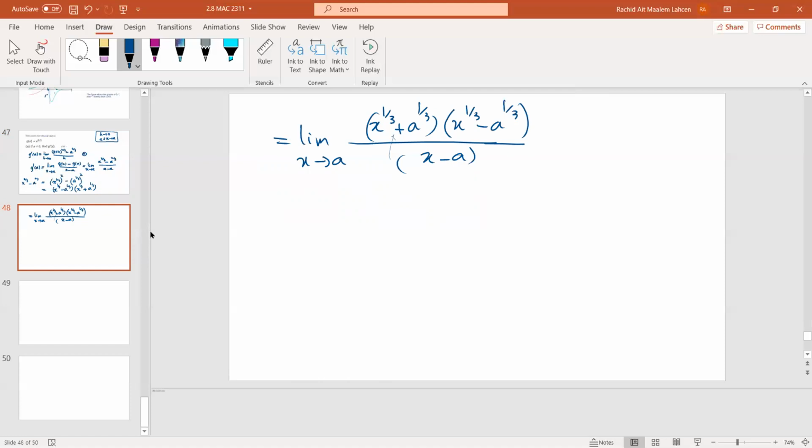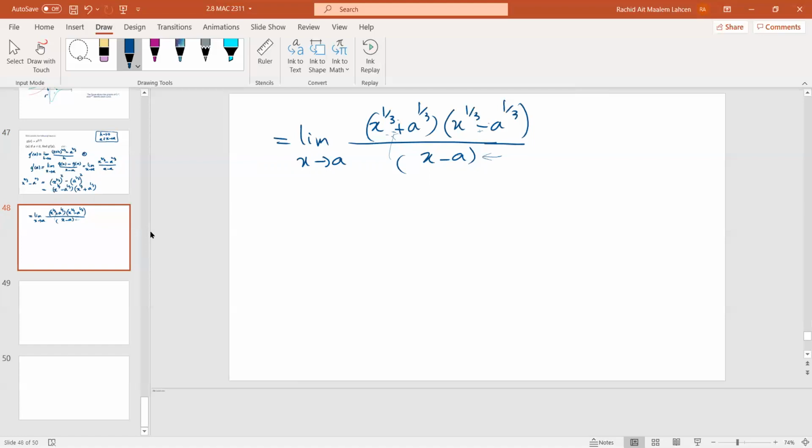This is where we introduce a new trick. To get rid of this, we need one of these in the numerator to cancel. We just did a difference of squares, right? So now we're going to do a similar trick by introducing the difference of cubes.